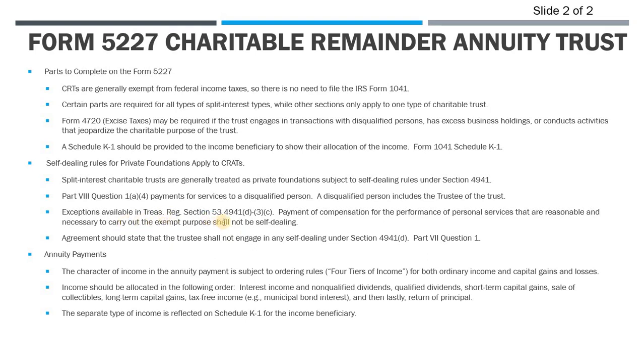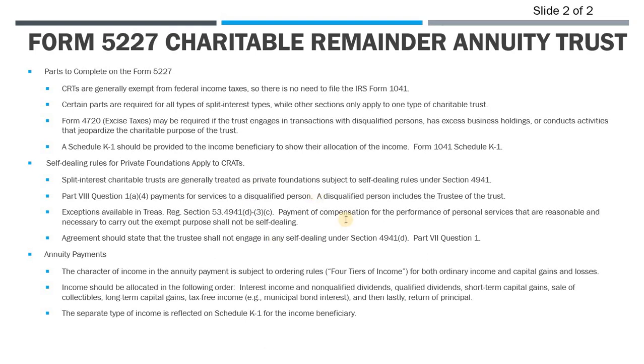In this Treasury Reg section 53.4941 and change, payment of compensation for the performance of personal services that are reasonable and necessary to carry out the exempt purpose shall not qualify as self-dealing. So that's the way to get it out of here, right? If the payment is to the trustee, a disqualified person, as long as it's reasonable and necessary in carrying out the exempt purpose, that's okay. You qualify for one of those exceptions, right?